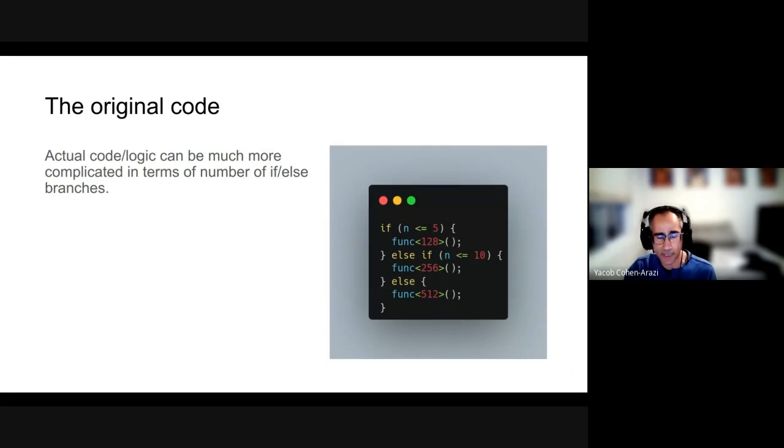The idea was that we have a duplication of code, and we want to map everything below or equal to 5 to 128, 6, 7, 8, 9, 10 to 256, and the rest to 512. We want to map a range to a constant.